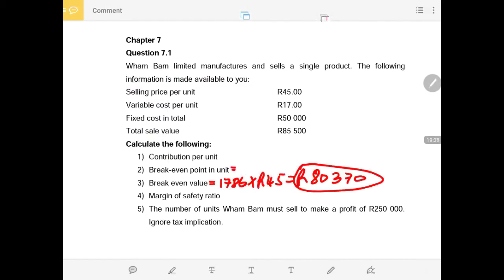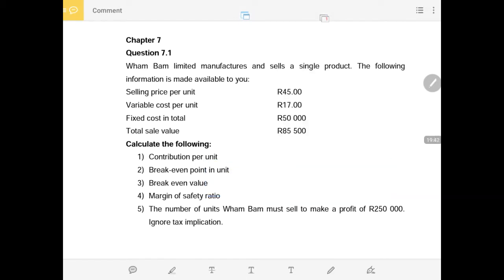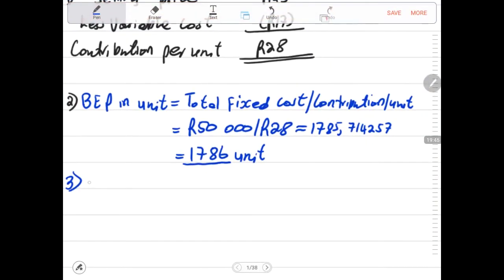Then now we go to the next, second last requirement. So in other words, number 3 is very easy and very simple. Number 3, we're calculating the break-even point sales value.